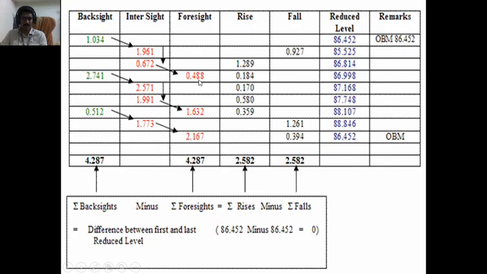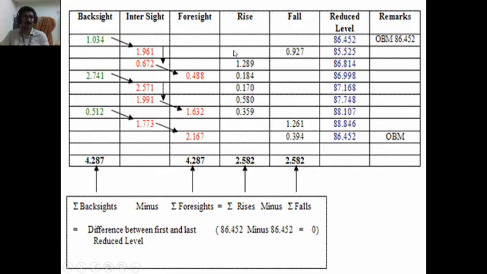When the station is changed, you can stop here, then you have to continue from the backsight. This minus this, this minus this, here stop, this minus this, this minus this. If the answer is negative, you put it in fall. If it is positive, you put it in rise.